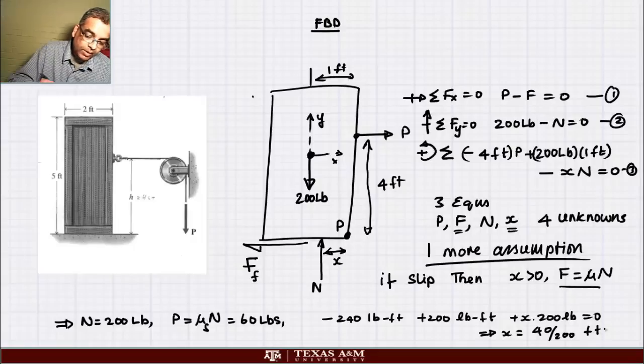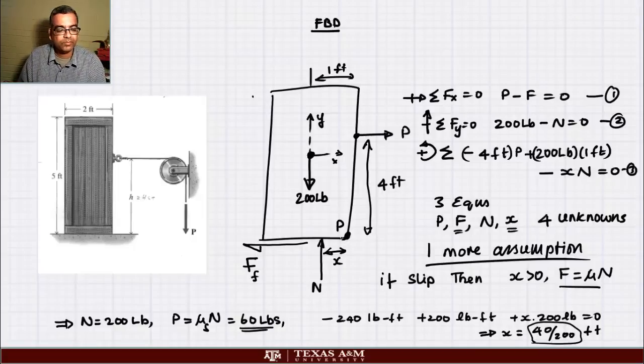So it will tell me that I will need 60 pounds of P in order for it to slip. Now let's look at what happens, and when that happens, the location of the normal force will be at a distance 40 over 200 feet from this end. That's what it tells me.